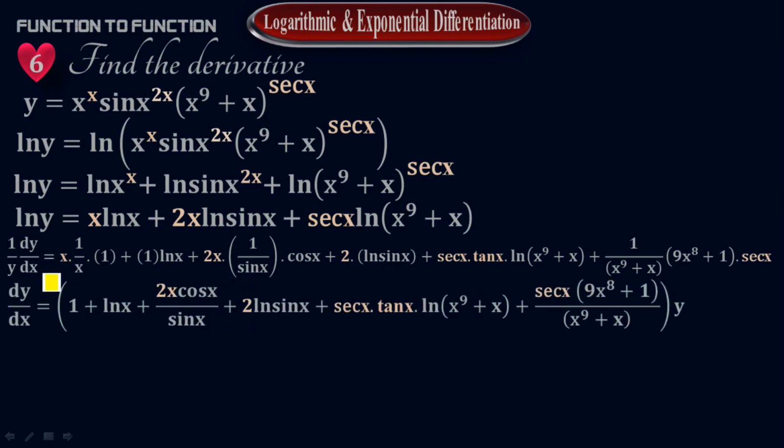I want to take dy by dx out, so this y comes on the right side. It will be the product of this whole expression here. This y cancels with the y, so 1 times 1 is 1.